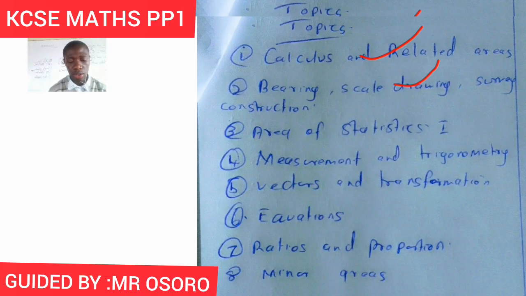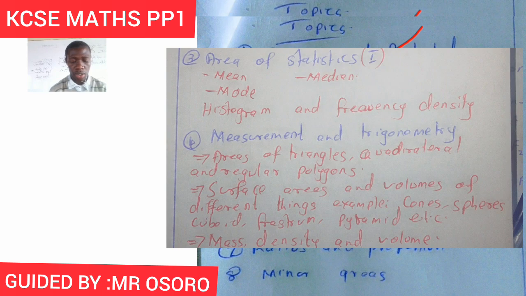It is very important that when you are revising, you capture these areas as I am listing them. Another area that is normally tested is statistics, and majorly it is Statistics 1. This is a Form 2 topic. In Statistics 1, you are expected to look at areas like mean, mode, median.